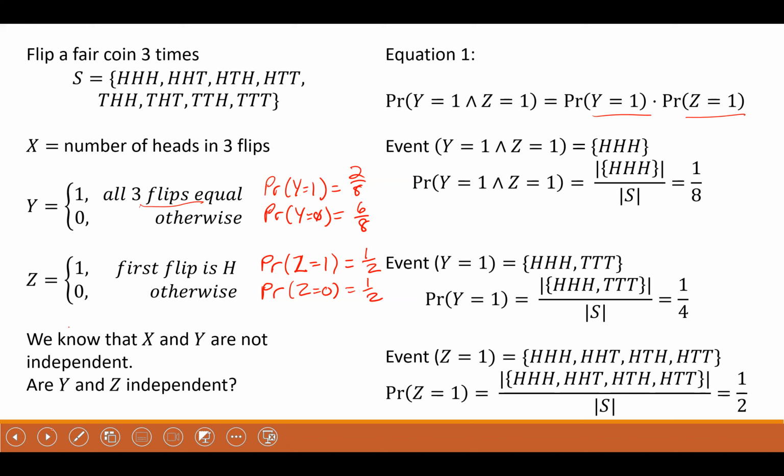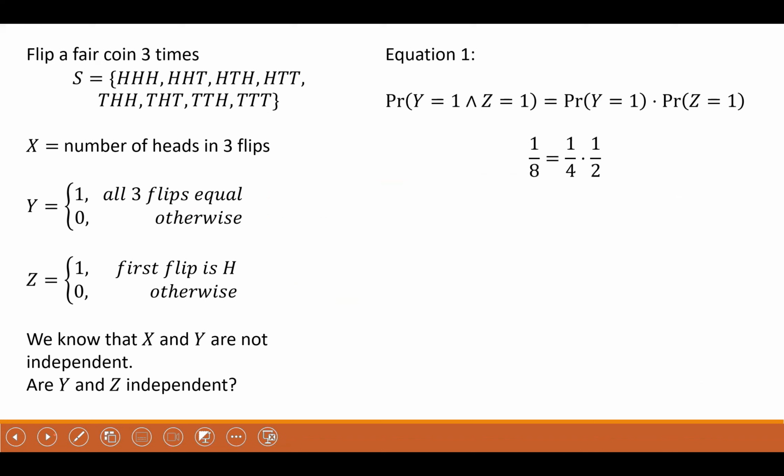Okay, and if I multiply 1/4 times 1/2, I get 1/8. So yeah, these two events are independent. Events y equals 1 and z equals 1 are independent. So 3 more to go. But again, they're sort of simple. There's a lot of symmetry.